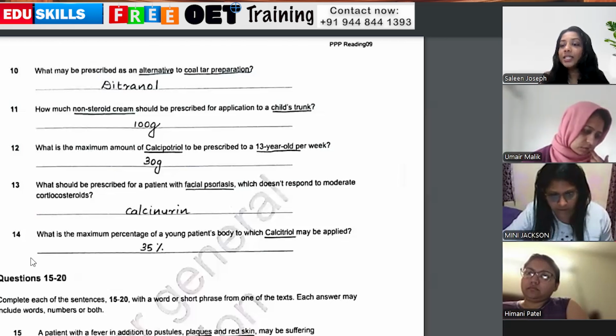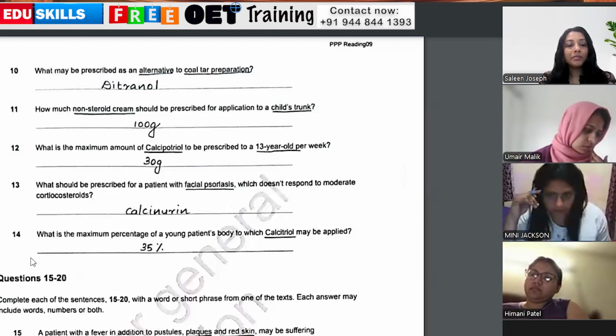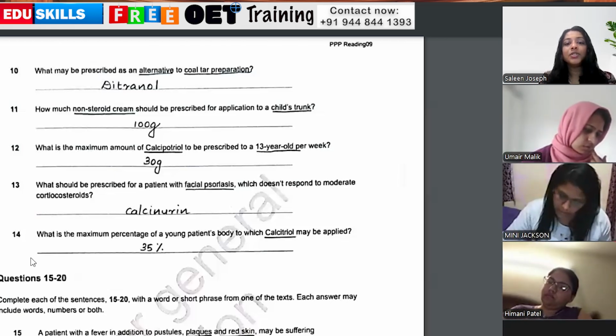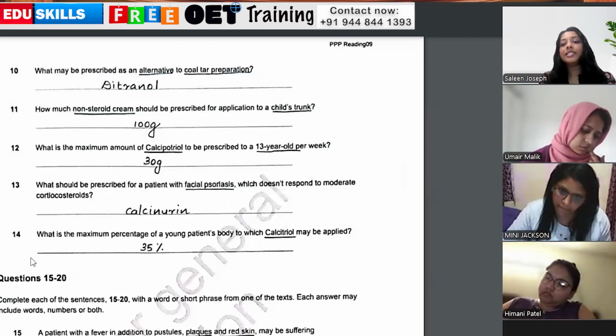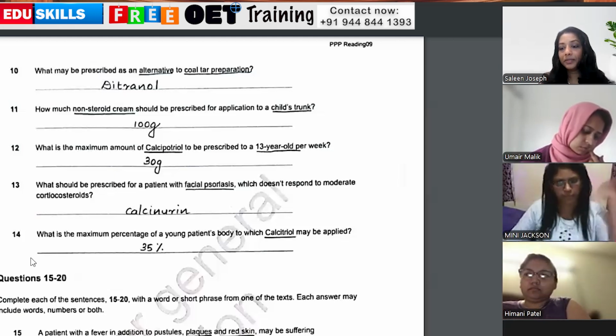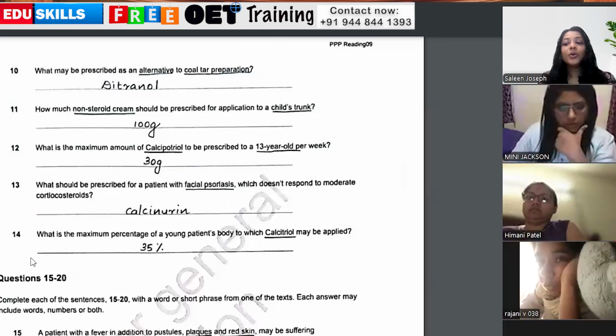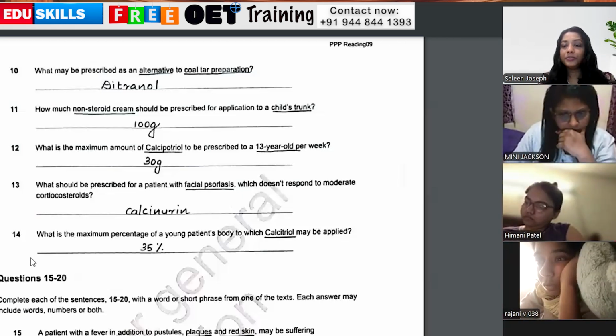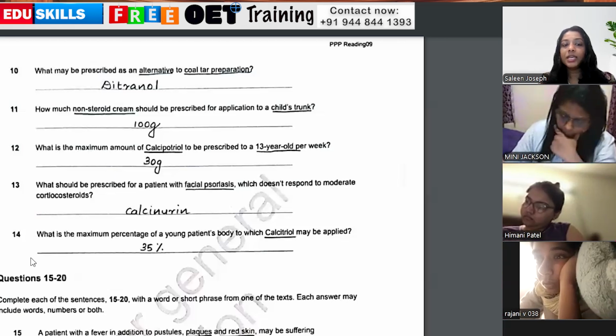So when you read the question, if I am reading how much steroid cream should be prescribed for application on a child's trunk, then my answer will be 100 gram. So when you read the question, you should be very careful. Read twice. Instead of non-steroid cream, if you are reading steroid cream, then your answer will be 100 gram, which is not correct.